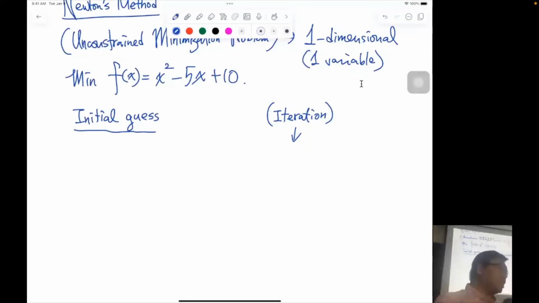So what does iteration mean? Iteration is like you repeatedly redesign your model.